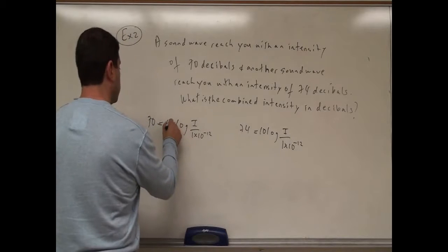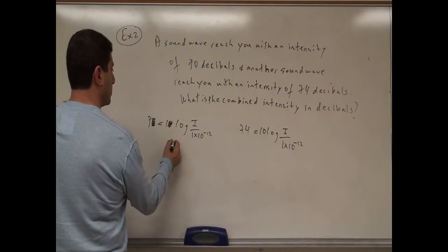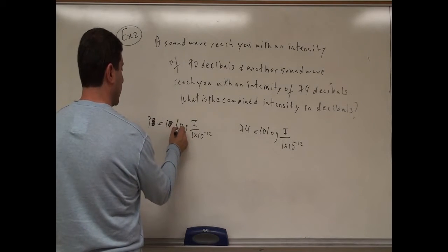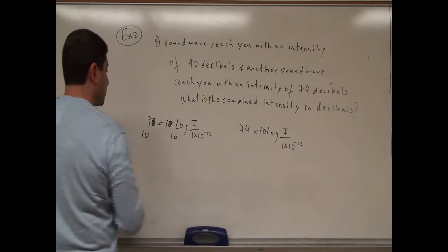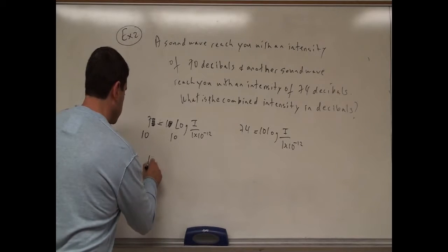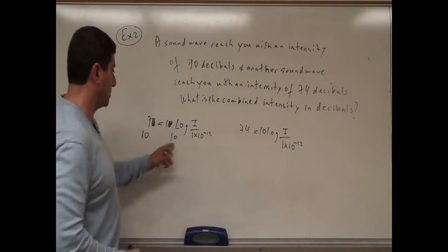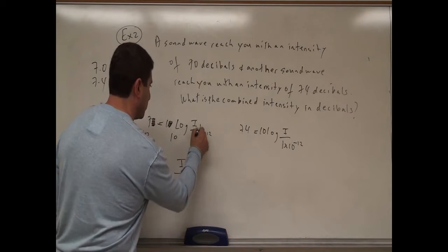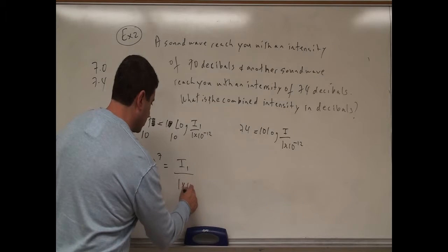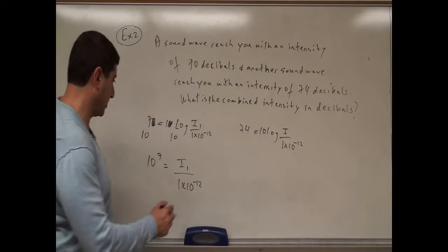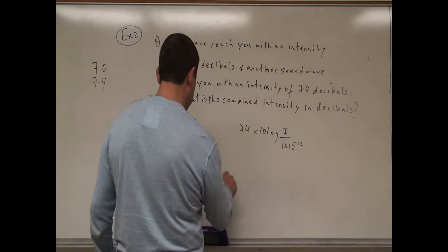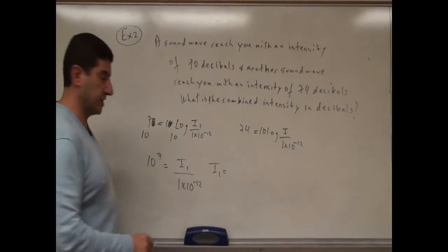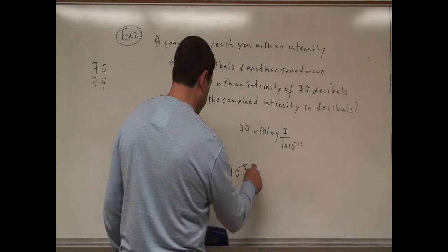So divide by 10, and then you raise both sides to the power 10, so 10 to the 7th. And then 10 to the power log cancels that. So you have I, let's call this I1, is equal to 1 times 10 to the minus 12, cross multiply, then you're going to get I1 is equal to 10 to the 7th times 10 to the minus 12, which is equal to 10 to the minus 5.